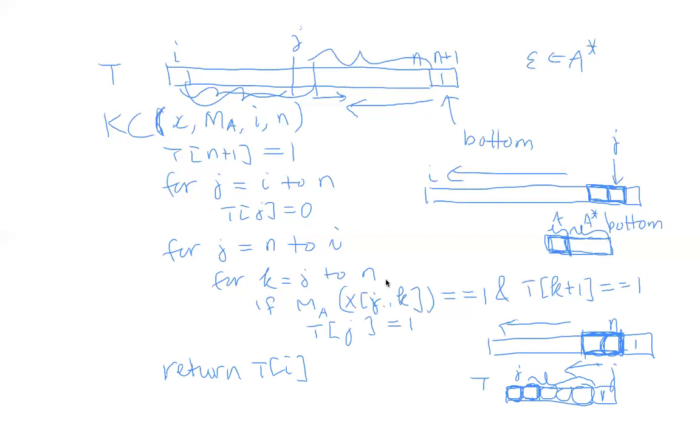If it is, then we set it to 1. If it's not, then we continue to look for this to see whether this is in A, and look for this to see whether this is in A star. So we keep on doing it. Okay, so that's the bottom-up approach.